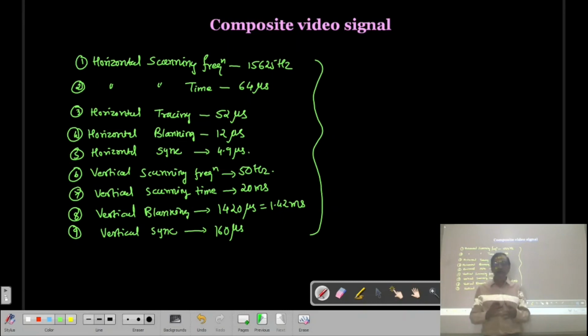When this composite video signal is transmitted, then at the receiver end, all this information is going to be separated out.